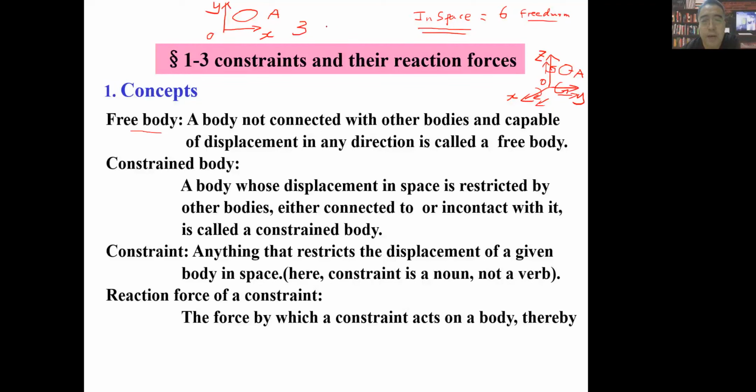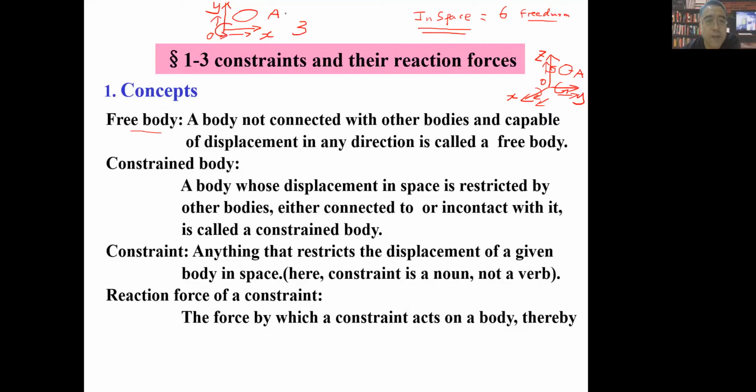We can say it has 3个自由度, 3 freedoms. One is translational movement along the x-axis, another is translational movement along the y-axis, and the third is the rotation around the z-axis.